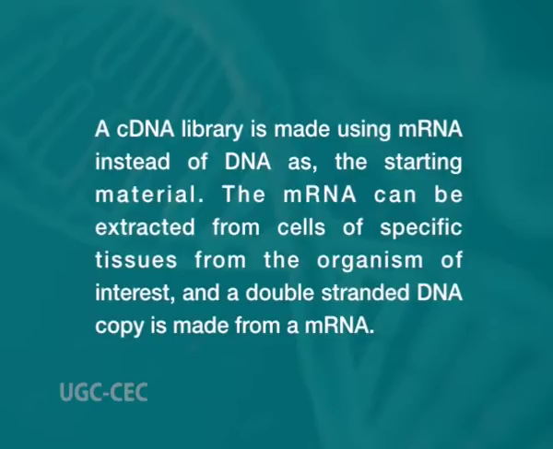In order to have a complete profile of genes expressed in an organism, a cDNA library can be created. A cDNA library is made using mRNA instead of DNA as the starting material. The mRNA can be extracted from cells of specific tissues from the organism of interest, and a double-stranded DNA copy is made from the mRNA.